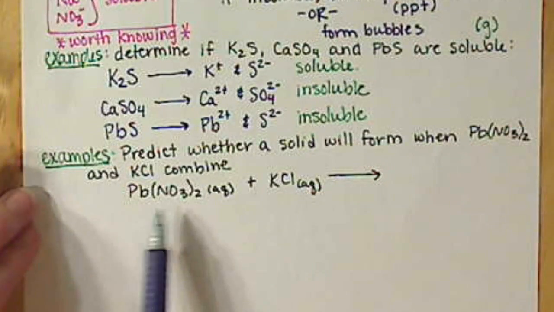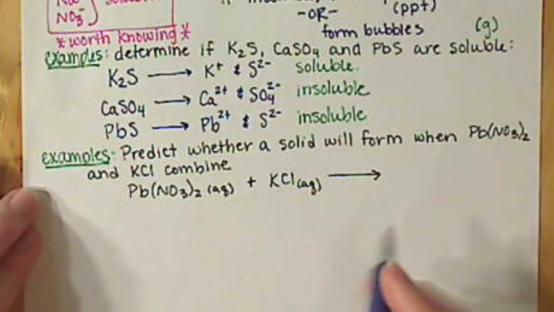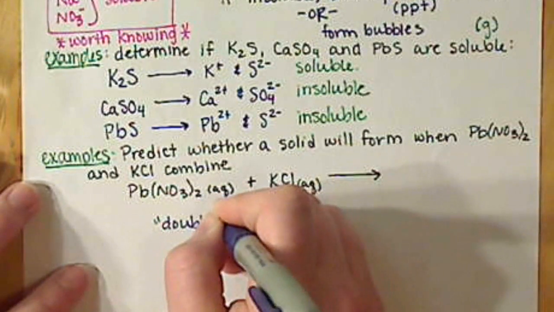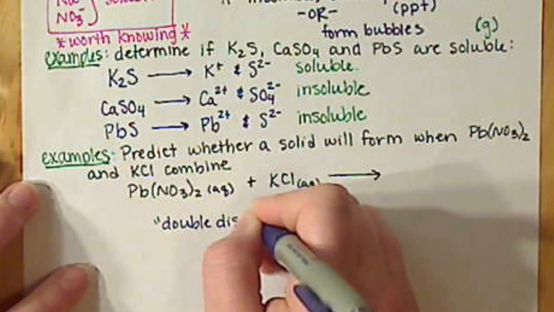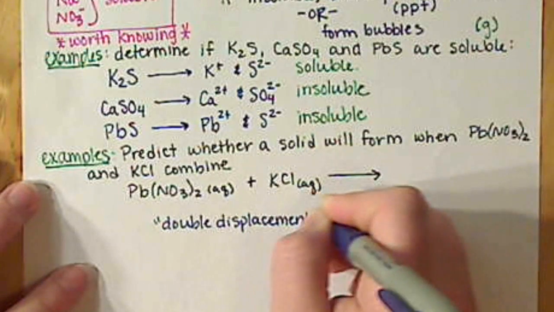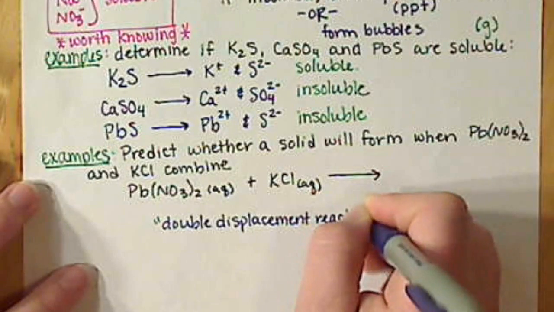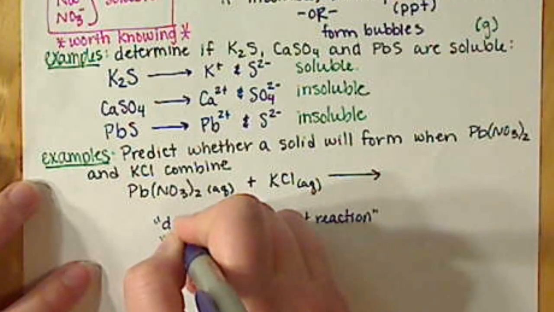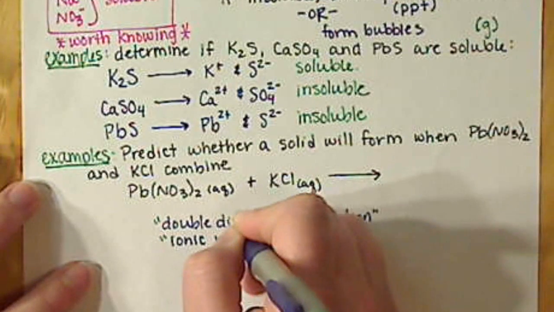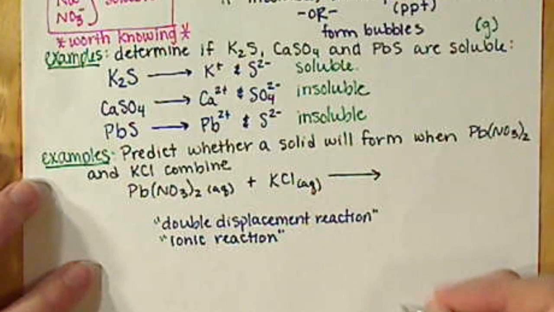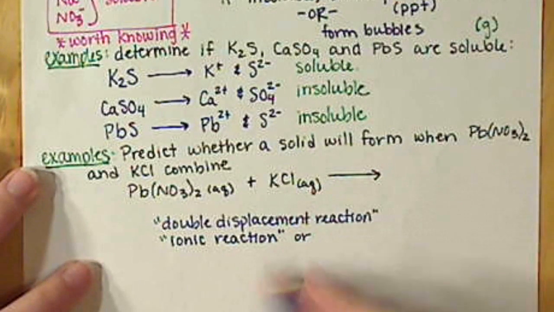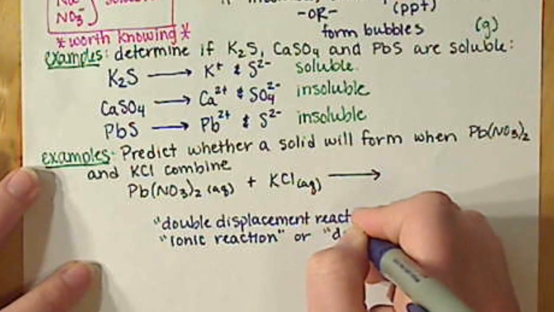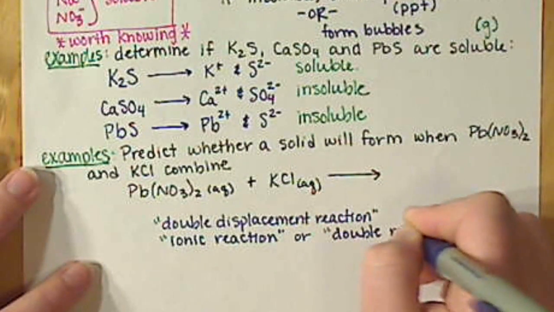This type of reaction is called a double displacement reaction. Some other names it might go by are an ionic reaction, or sometimes instead of displacement, they call it a replacement, so it could be a double replacement reaction.